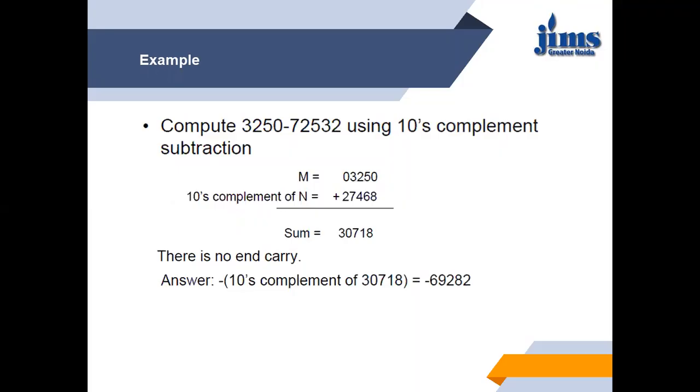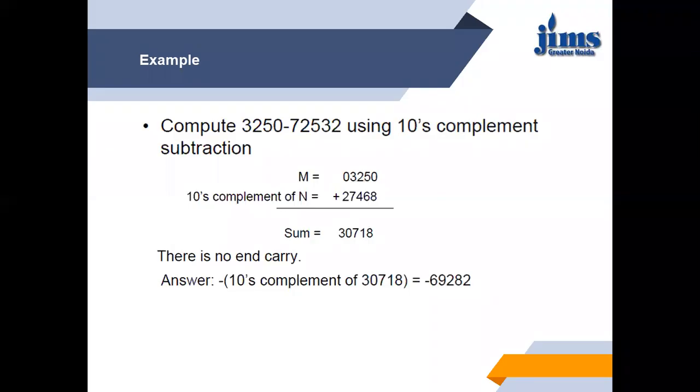When we compute a subtraction using tens or r's complement, the operation is just adding. We need not design a subtractor. Whatever adder is in your ALU, the arithmetic logic unit of the computer, in this ALU we need not design any subtractor.